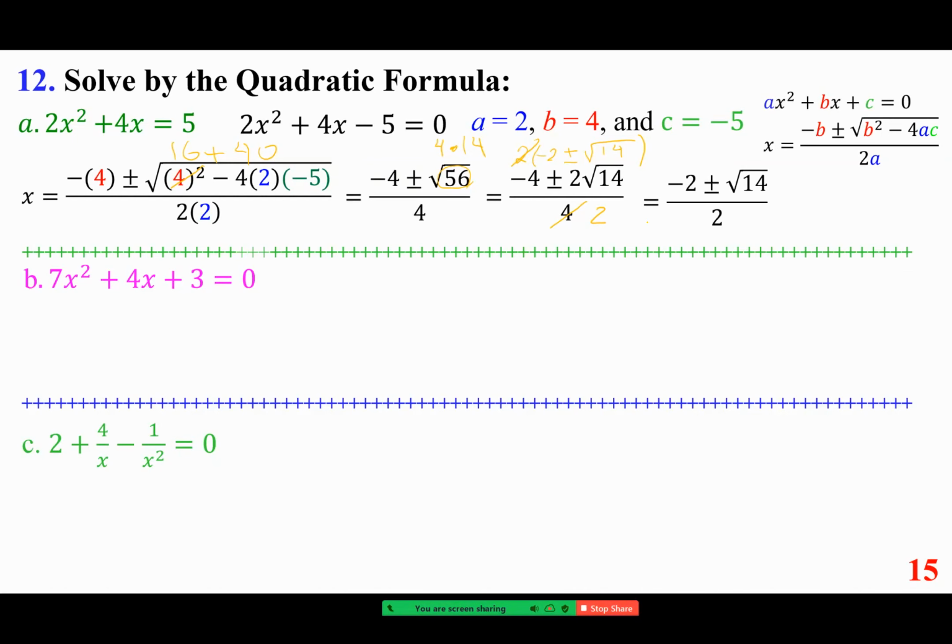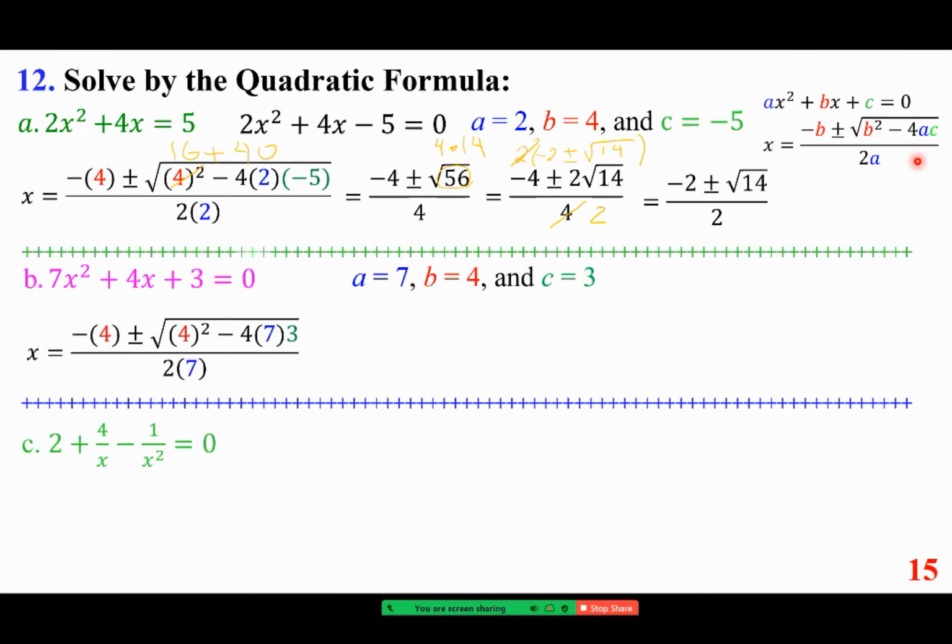Part B is in the form we need. All we have to recognize would be the value of A is 7, B is 4, C is 3. And now we're going to put this into the formula. Replace the B with 4, the A with 7, the C with 3, so on and so forth.